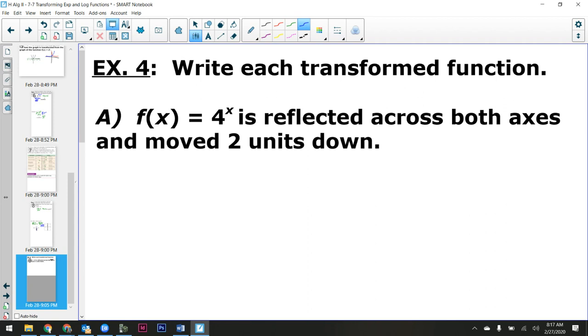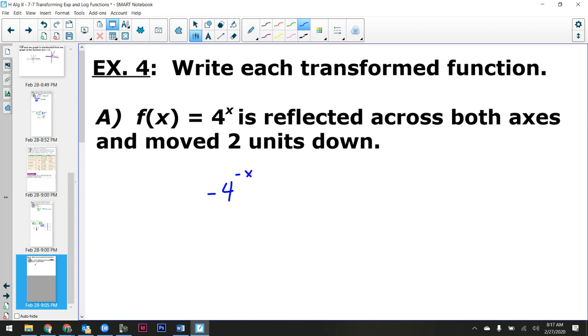And then negative. I don't know. Okay, that was right. So reflected across both axes is that, right?